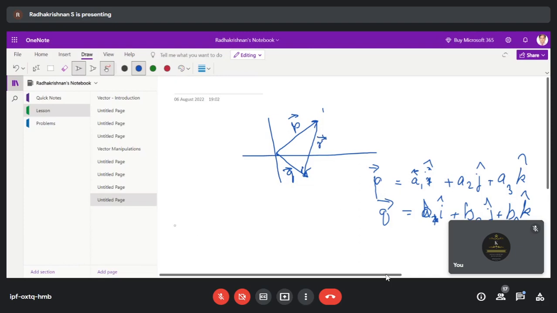So we already saw that using triangle law, P plus Q equal to, it will be minus R. Okay, it will be the third side of the triangle. This one is this way and this way.